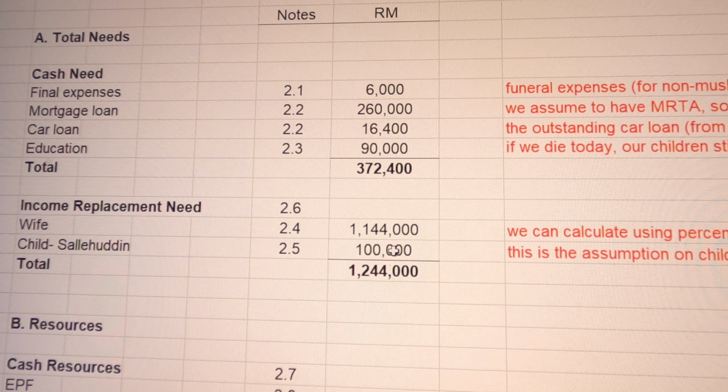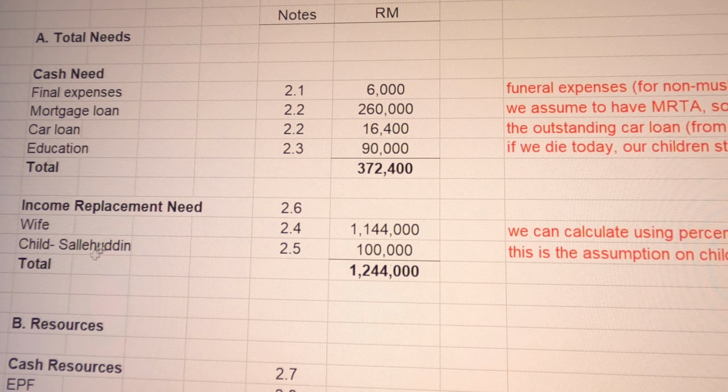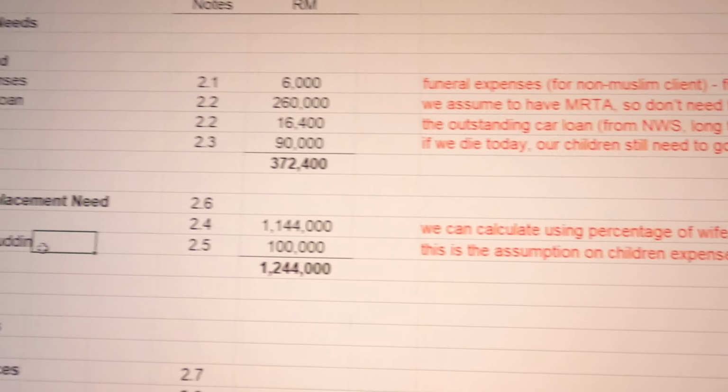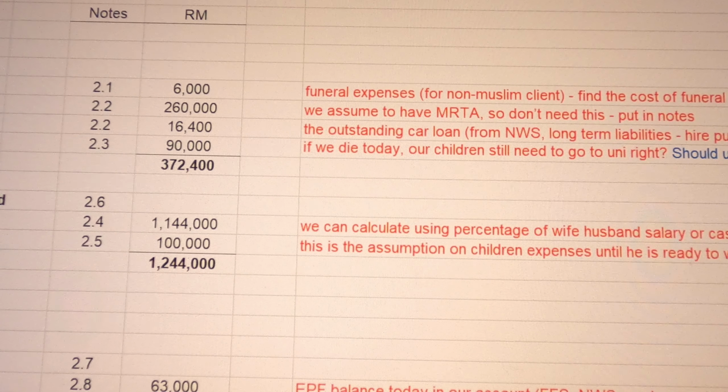So the income replacement need for the child need not be up to the whole life expectancy, because the child will one day work, right? So just up to an age that seems reasonable.